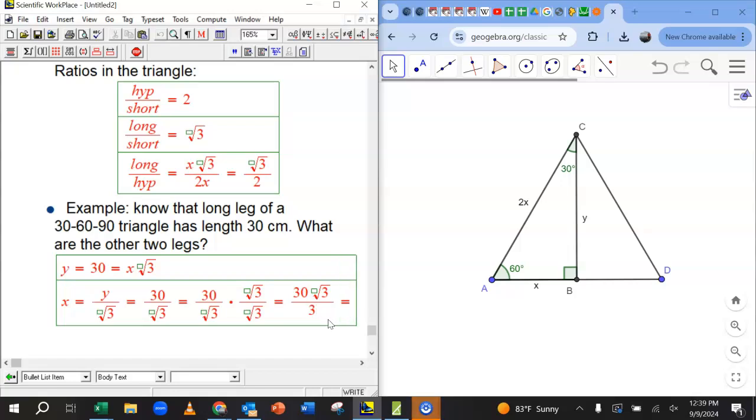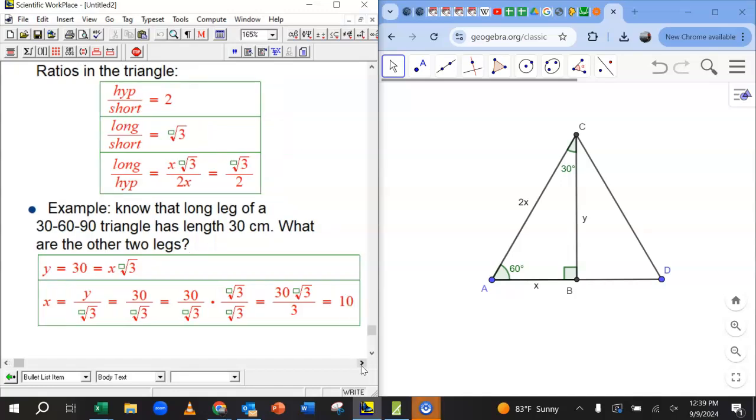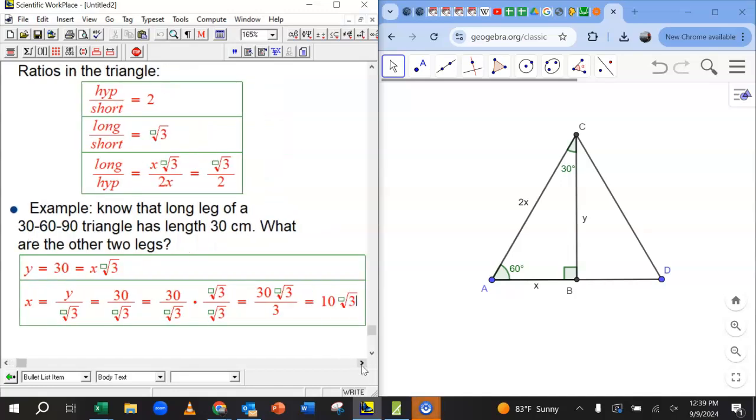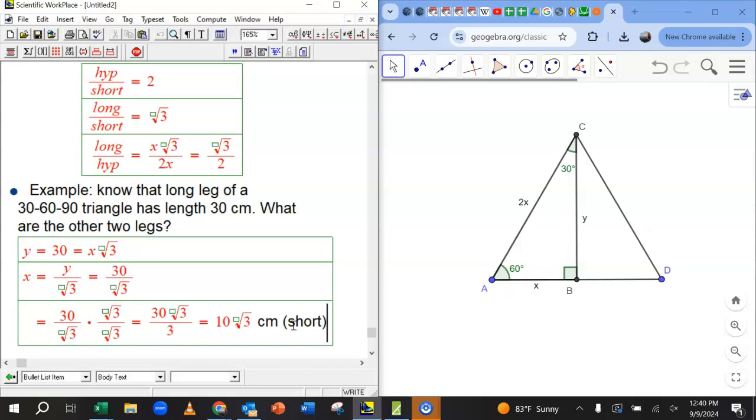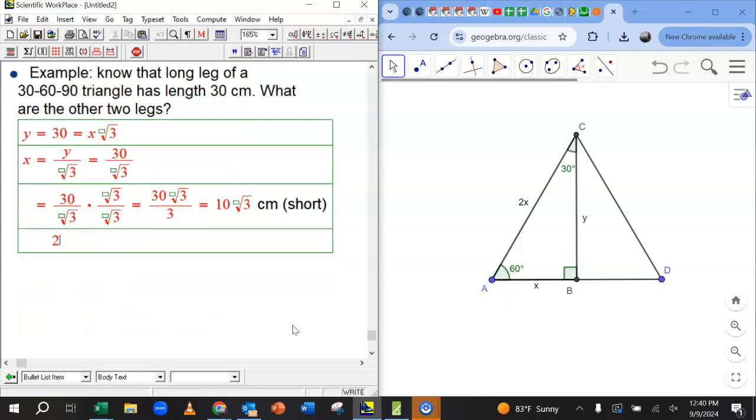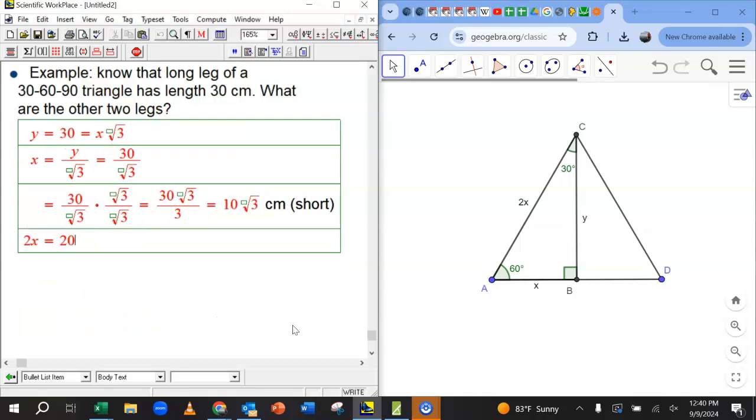Once again, I set it up to demonstrate that sometimes you get a very, very nice situation where you might get a numerical cancellation. So 10 root 3 centimeters. And sorry, it's going off the page. Let me just make it so it's not going off. Okay, so 10 root 3 centimeters. So that's the short leg. And then the hypotenuse is just 2X. That's going to be 20 root 3 centimeters.